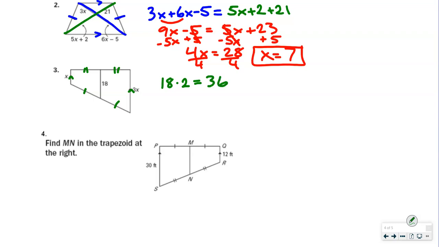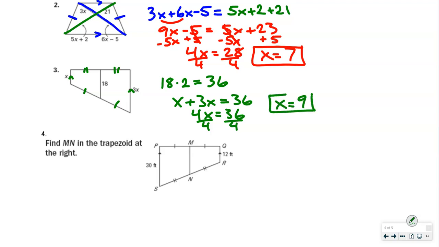So x plus 3x equals 36. I get 4x equals 36. Divide by 4, and x equals 9.